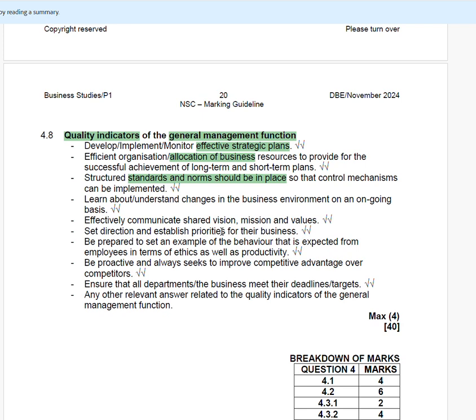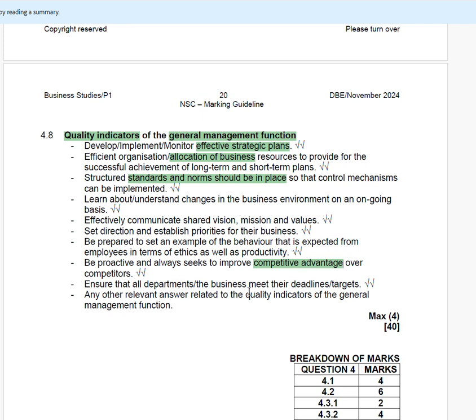But the long term, yes, we're striving, but we do not have to achieve it now. So the main focus should be on the short-term goal. Be proactive in terms of ethics as well as productivity. Be proactive and always seek to improve competitive advantage. There is very high competition unless you're a monopoly. So you need to find ways to become better than your competitors.